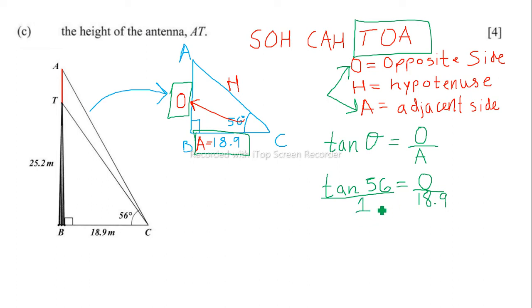So there's going to be 1 times O, which is O, and then 18.9 times tan of 56.